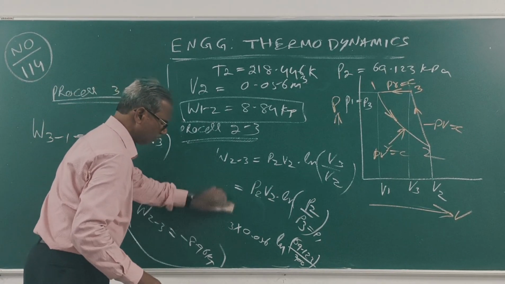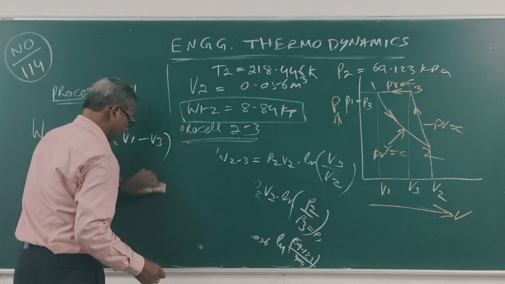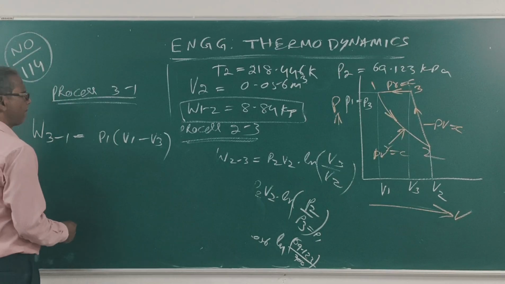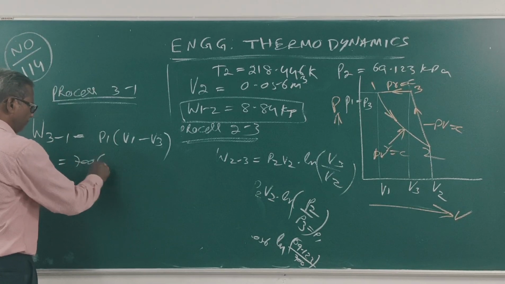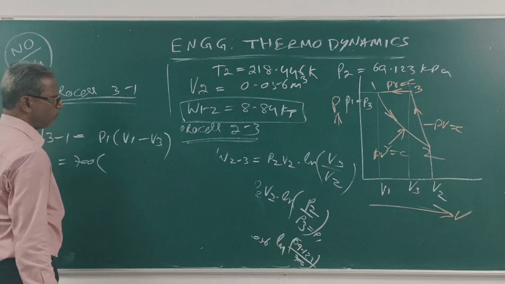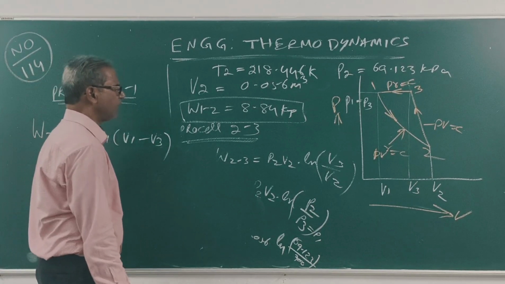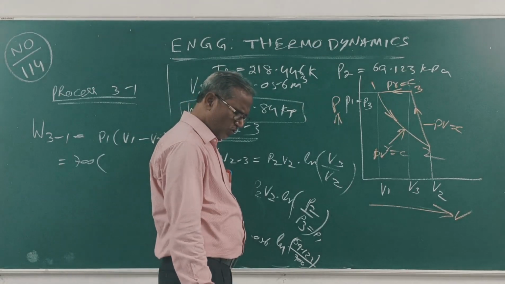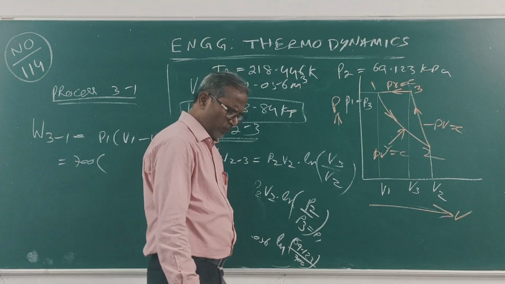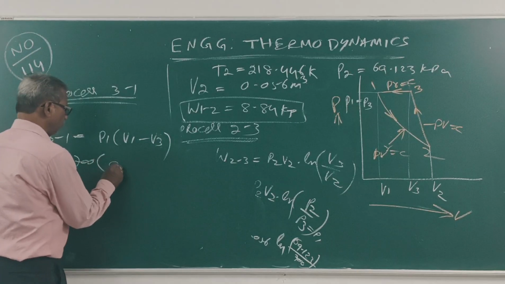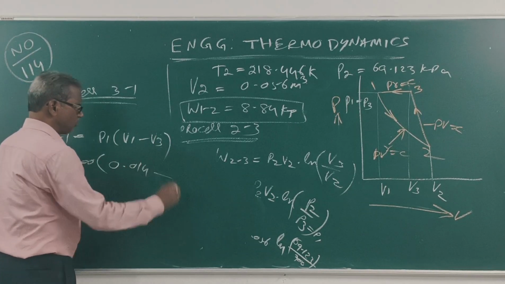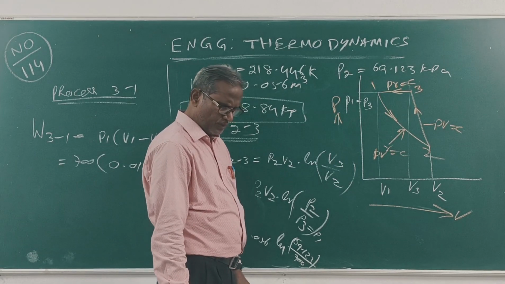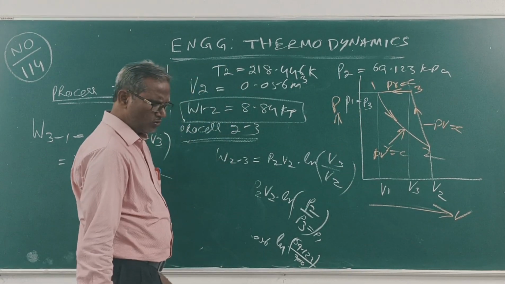Clear? So what is P1? 700, into V1 minus V3. What is V1? V1 is equal to 0.014. 0.014 minus V3. What is V3? We find out V3.